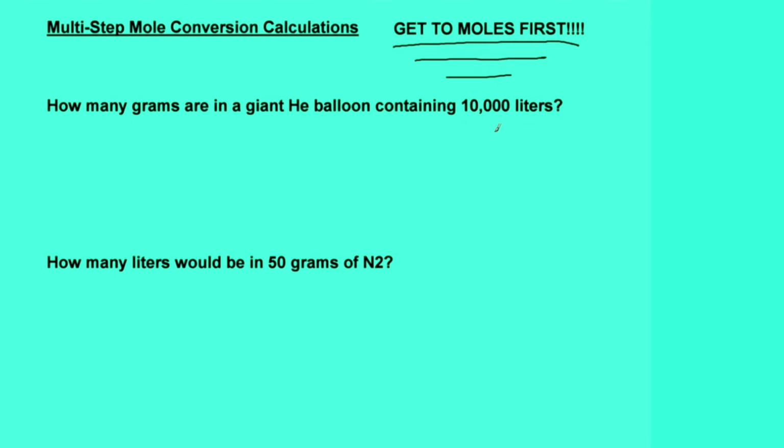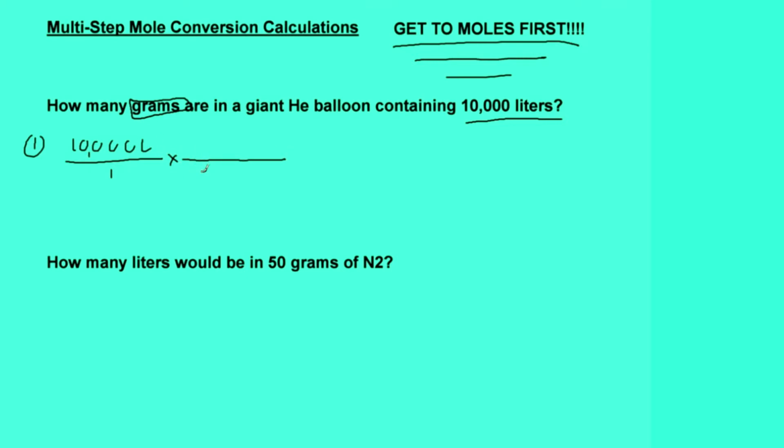Where's there a number? Here's one, 10,000 liters. We're converting it to grams. So there is no one formula that goes from liters right to grams, so we have to get to moles first. So let's take the 10,000 liters, step 1, and convert it to moles. How did we do that? Well, we just did a couple examples a minute ago.